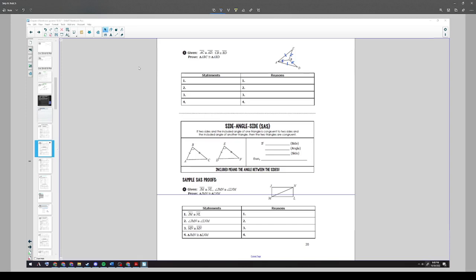Well, it's right here in this shared side AB. So clearly we're going to use side-side-side, and our final argument is SSS to say triangle ABC is congruent to triangle ABD.